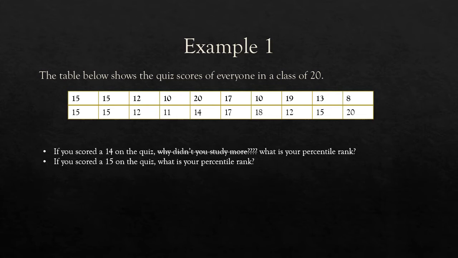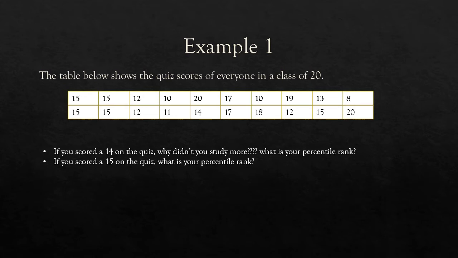The best, most efficient way to figure this out is to plug those values into your calculator and use the sort A command to figure out just how many values are less than that. If you don't know how to do that, I'll have a video up about how to use the sort A and some other useful features on the calculator.